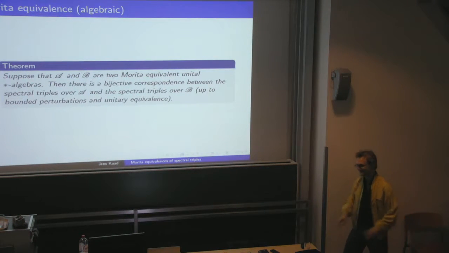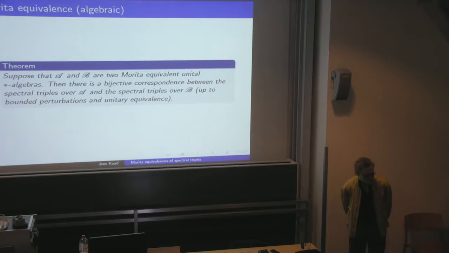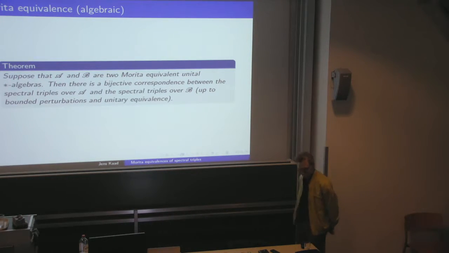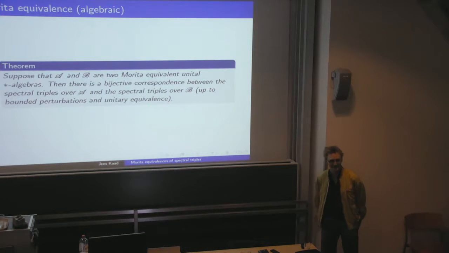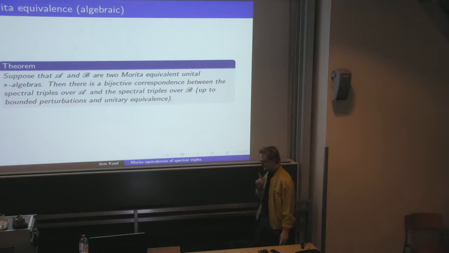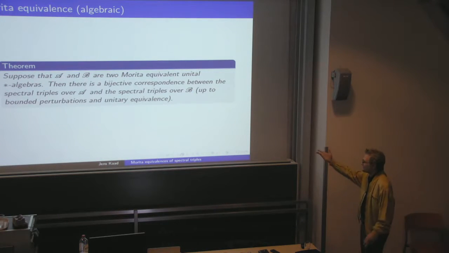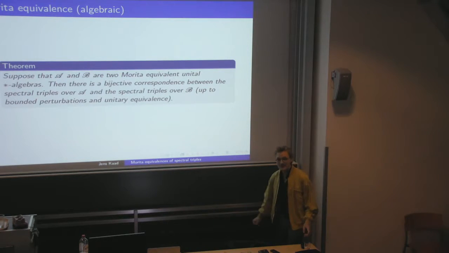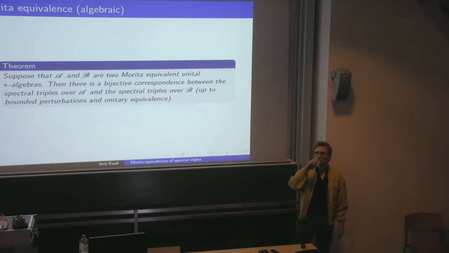So you might dislike this, but yeah. And you have the first order condition. There's no J. You have the first order condition. If it's finite dimensional, then all operators are bounded. So in particular, all of them are equivalent to the operator where you have 0 as your Dirac operator. Yeah? Do you assume in your definition of a spectral triple that the kernel of the commutation with D is only proportional to the constants?